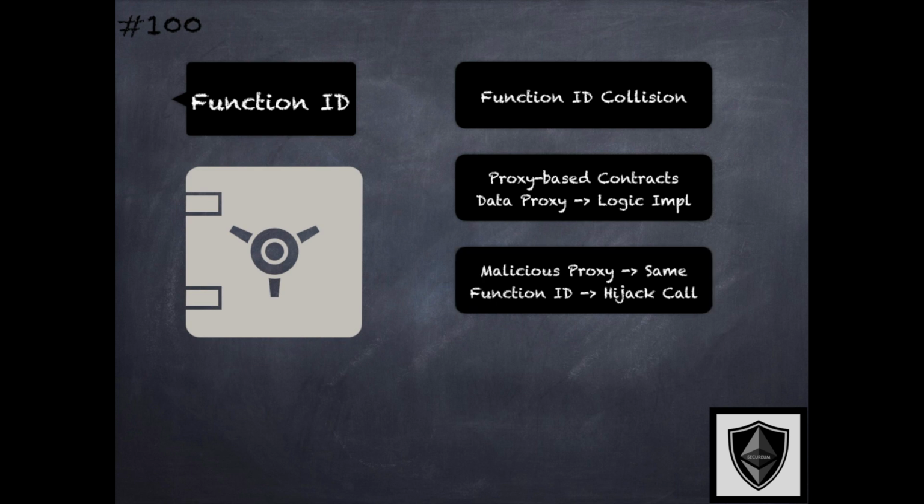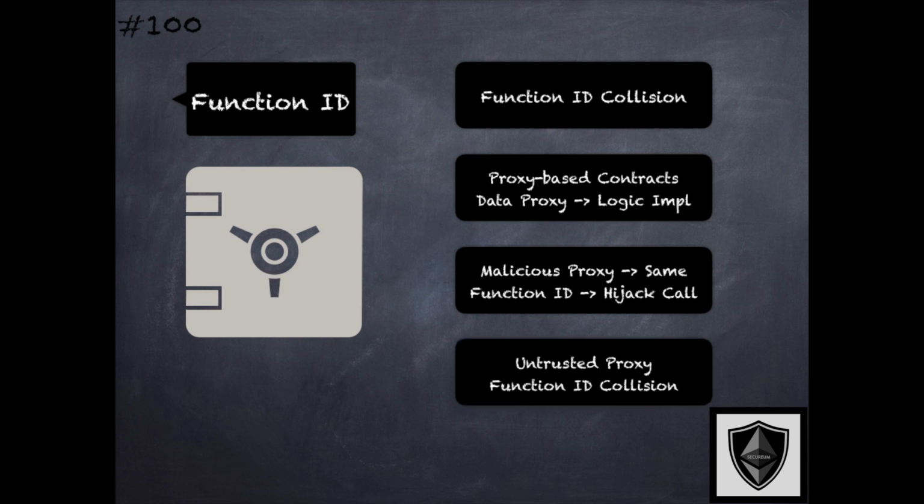In this setup, a malicious proxy contract may declare a function such that its function ID collides or is the same as one of the implementation functions. In such a scenario, even though the call was targeting an implementation function, the malicious proxy hijacks that call and could lead to the execution of a function that can cause an exploit.